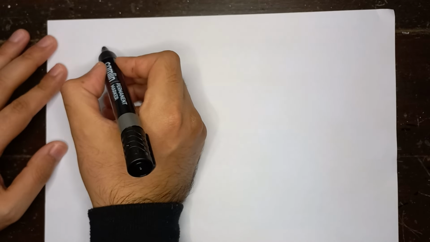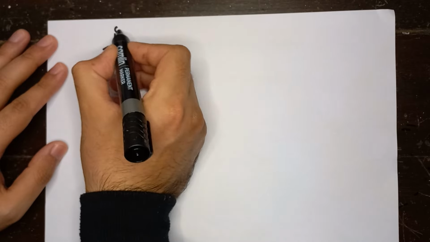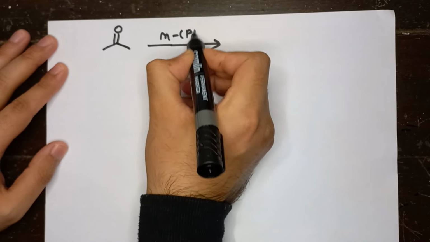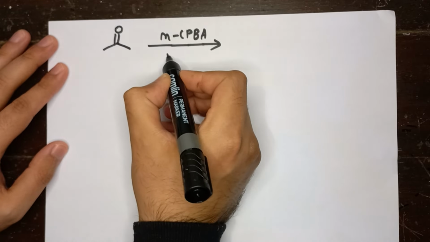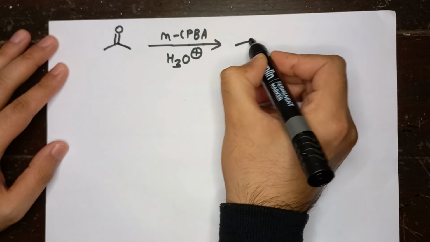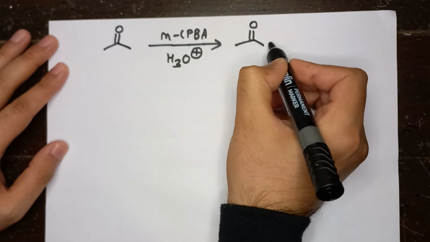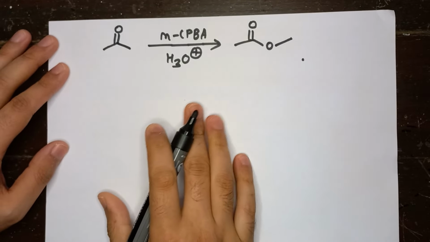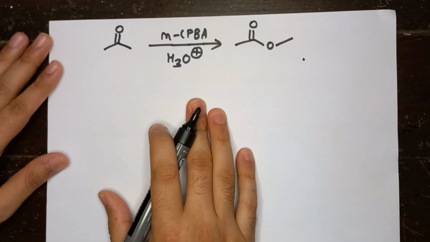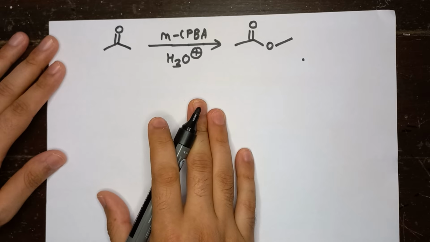Okay, so we have this acetone reacting with m-CPBA under acidic condition, and we are getting an ester molecule. So feel free to pause the video and try the mechanism.